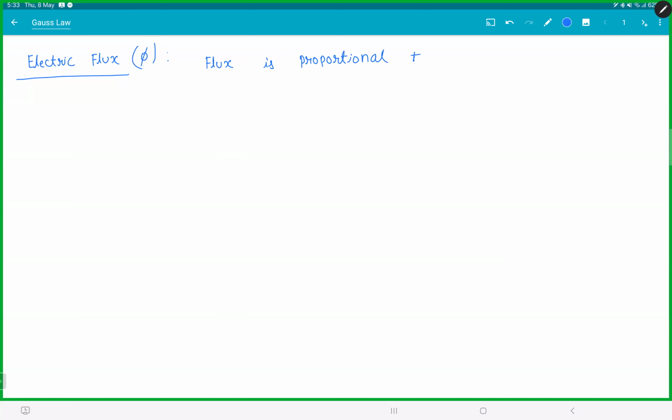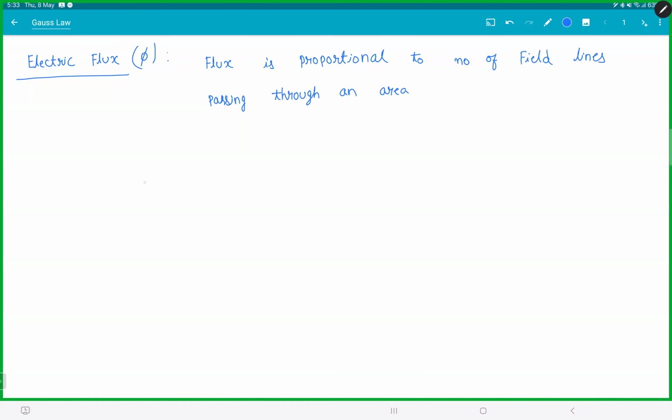Flux is proportional to the number of field lines passing through an area. So if more field lines pass through an area, we say there is more flux. It's a straightforward definition: it simply depends on the number of field lines.